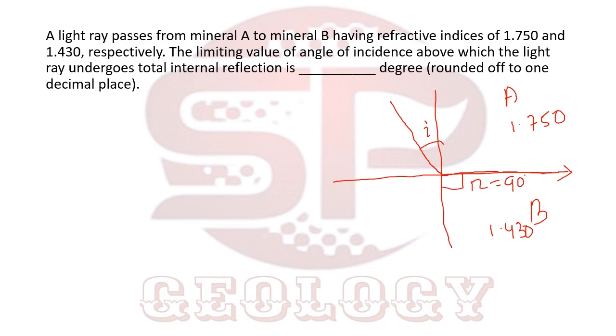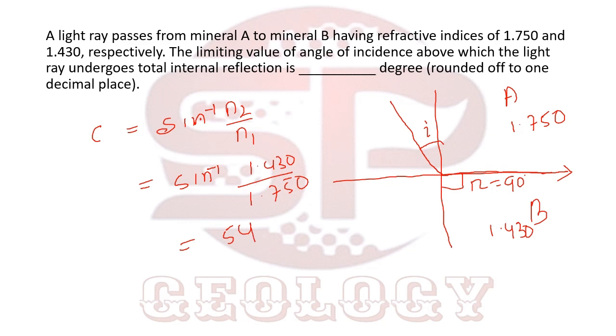We can calculate the critical angle C by the formula sine inverse of n2 by n1. So sine inverse of 1.430 divided by 1.750 will be 54.79. So the critical angle is 54.79 degrees.